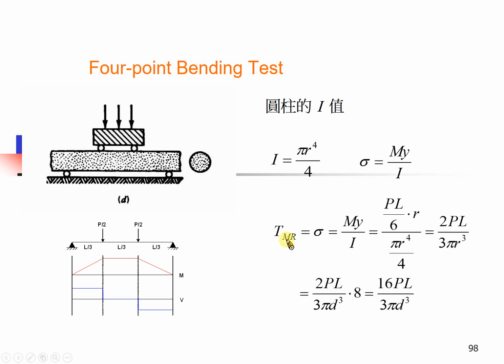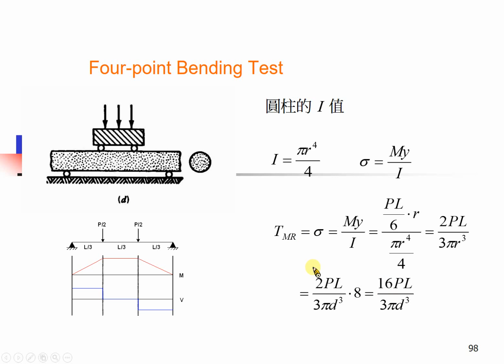Understand? This will be the major one when the beam is broken, and this will be the geometry of the beam. So the tensile strength can be calculated like this.